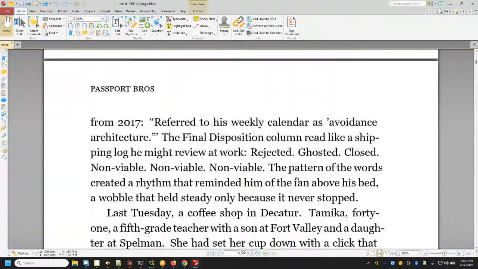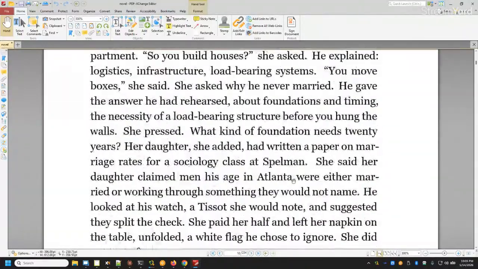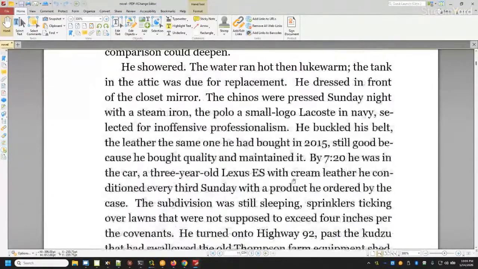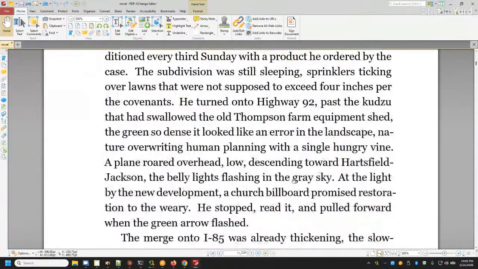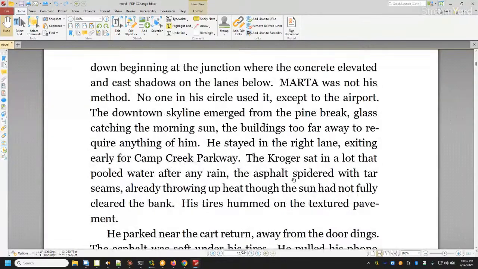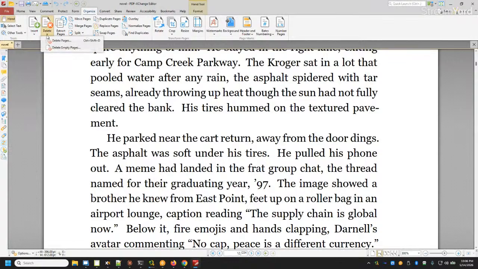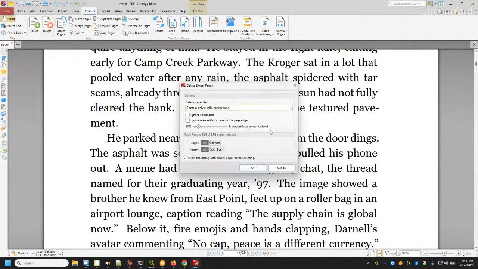This took about, I want to say, 4 hours to cook, ish. I don't know how many pages actually. Hold on, let me see. Organize, delete empty pages. Let's go with this.